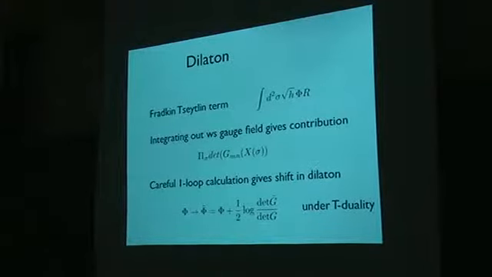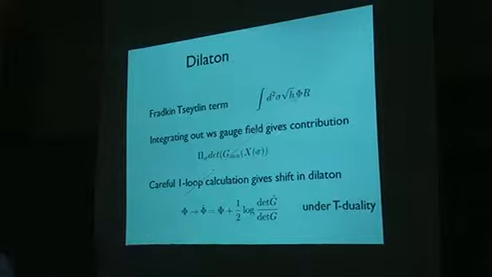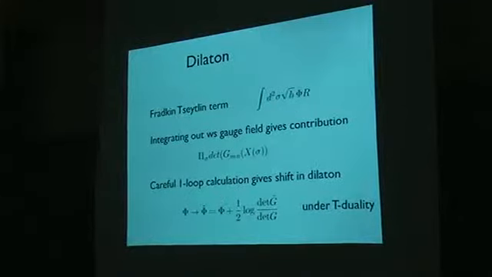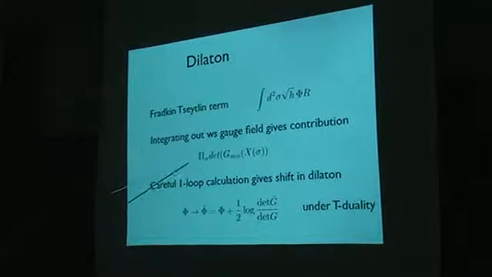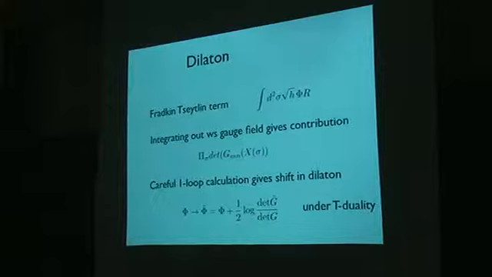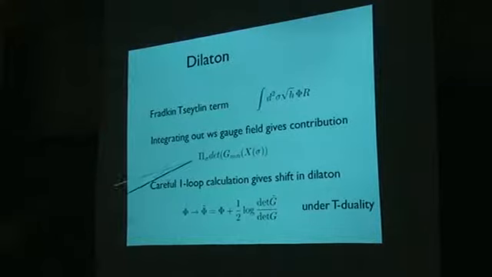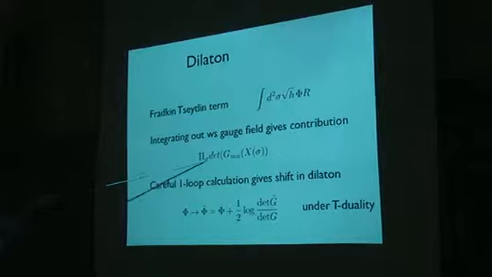So far I haven't talked about the dilaton. I was just looking at the case of a flat world sheet, but now if we were to reinstate the dilaton, which occurs through the Fradkin-Tseytlin term, then integrating out the world sheet gauge field, the functional integral gives rise to a formal determinant, which involves a product over each point on the world sheet.